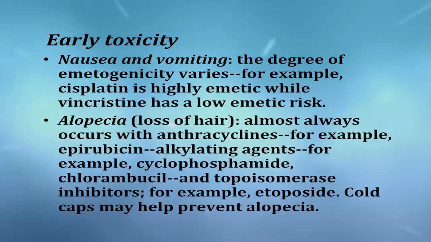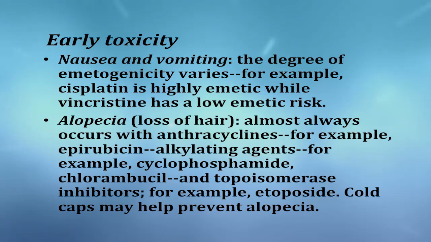Some of the toxicity is early toxicity, based on the medication affecting short-lived or rapidly cycling cells, like cells of the skin, cells of mucous membranes, and cells like hair. Common examples of early toxicity are nausea, vomiting, and alopecia.